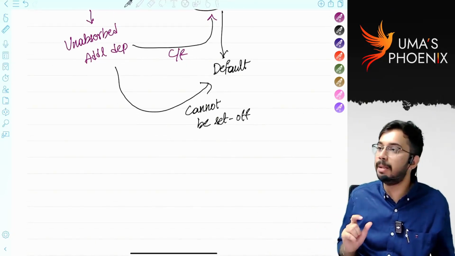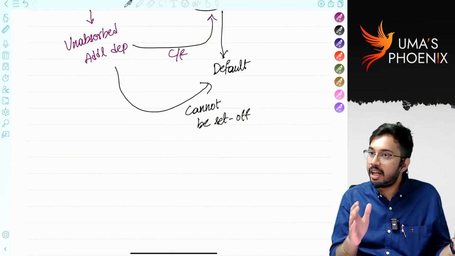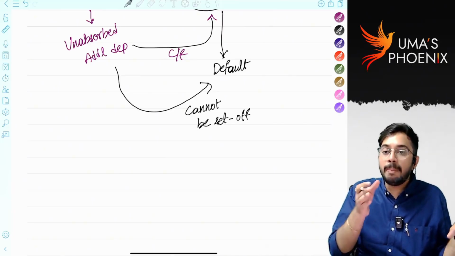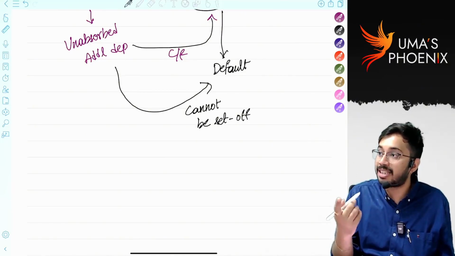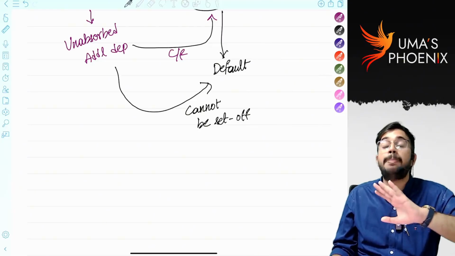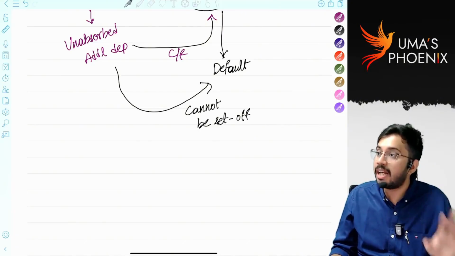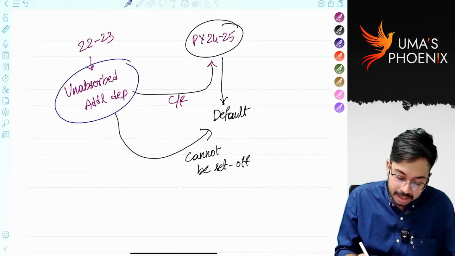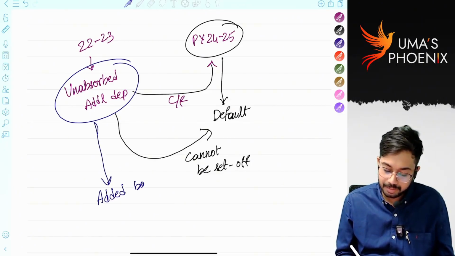Now, what did the income tax department say? If in earlier years, in case of an SSC, there is unabsorbed additional depreciation, and in the previous year 23-24, if SSC is paying taxes under default tax rates, as unabsorbed additional depreciation is not able to be set off against current year profits under the default tax regime, whatever unabsorbed depreciation is there will be added back to the block of assets.